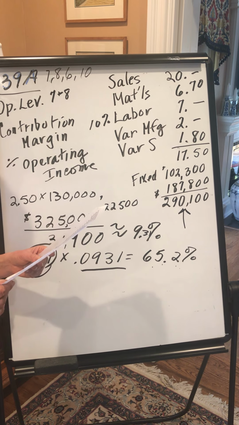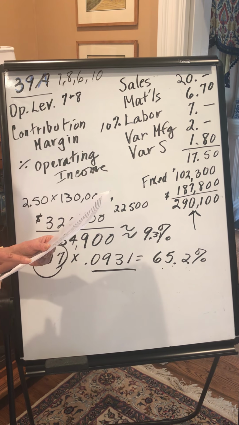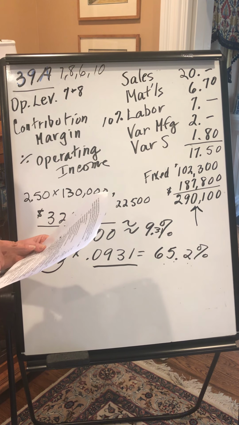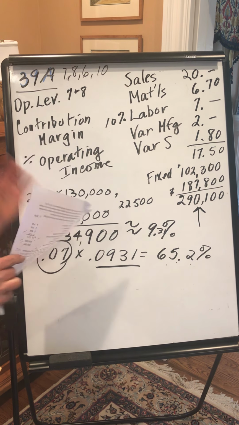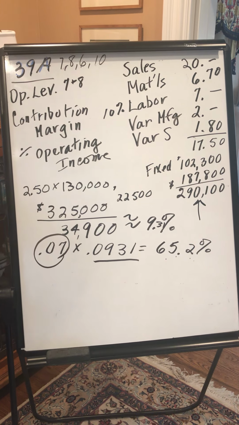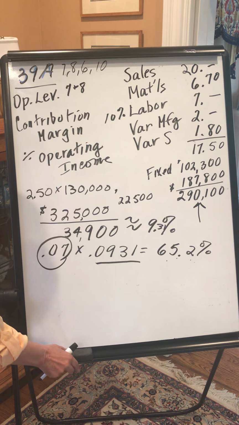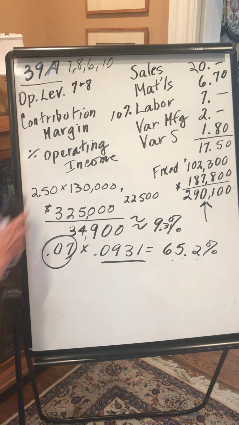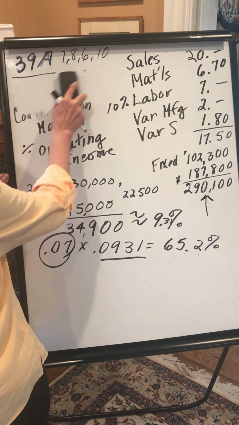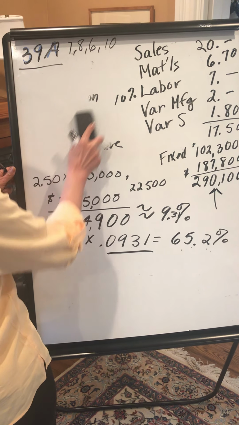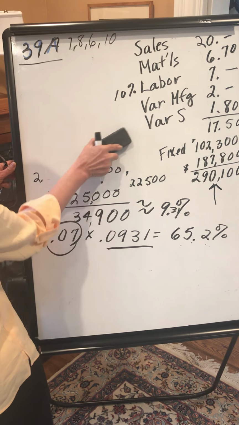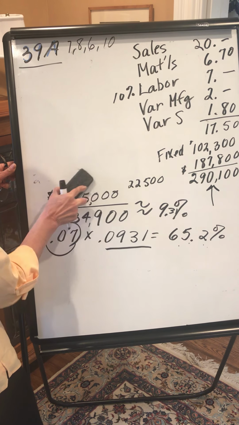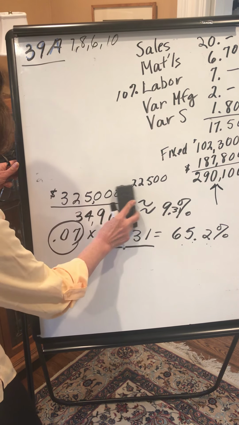If these costs increase, what will the company have to sell in order to break even? Okay, so we're going to go back and do our break-even calculation. So I'm going to erase this, and we're going to have a new break-even calculation with these changing circumstances. So I'll put the 22.5 here.